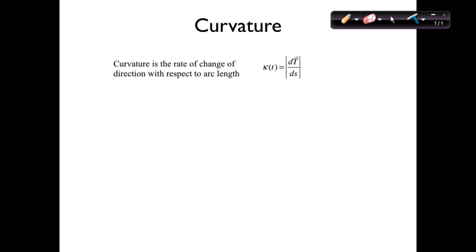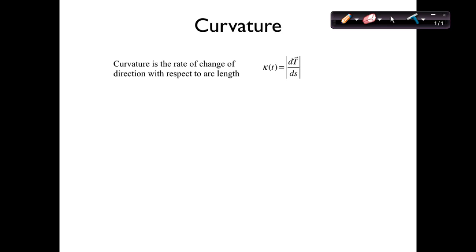And so here's the general idea. It's how much the unit tangent changes, and that's purely direction, right? The unit tangent is a unit vector, so the change in the unit tangent is really just talking about the change in direction. How much does your direction change per arc length?